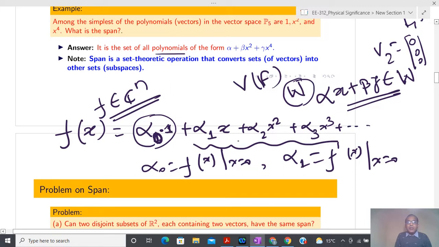So the main idea is, suppose you have some continuously differentiable function. All continuously differentiable functions can be represented about some point if you just know this spanning set 1, x, x square, x cube.